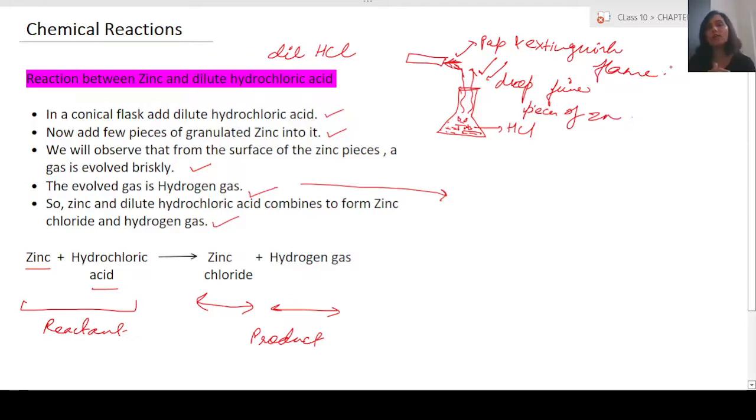And carbon dioxide gas always extinguishes the flame, that is, it will stop the burning process. But here you hear a pop sound followed by the extinguishing of the flame. So this is a characteristic of hydrogen gas, and it confirms that hydrogen gas is evolved, and the zinc chloride which is formed will be inside the flask.